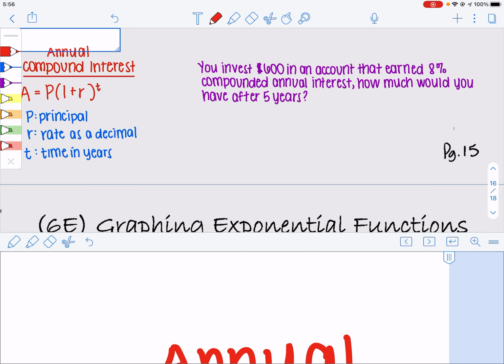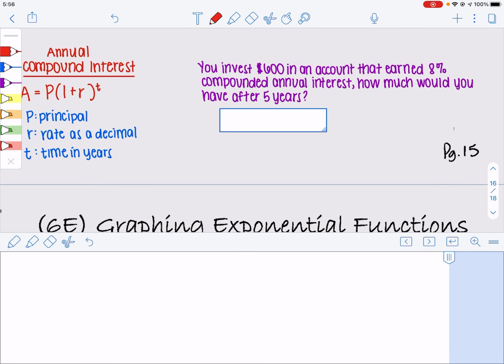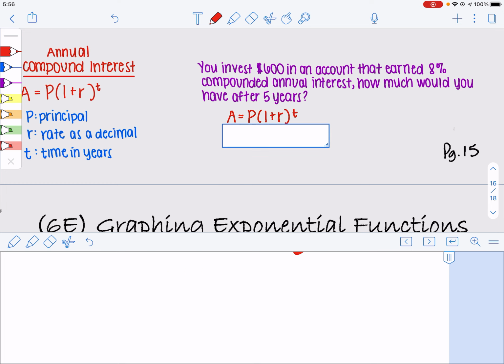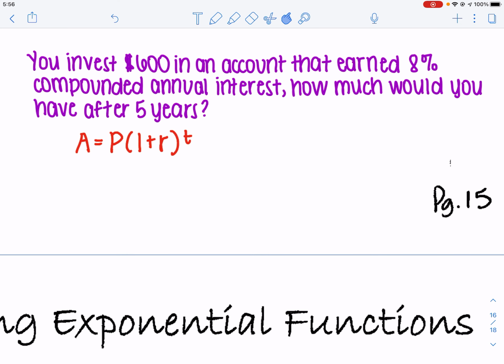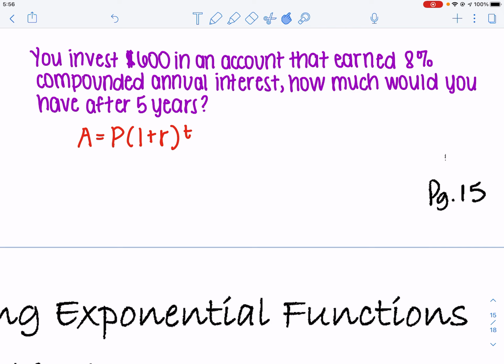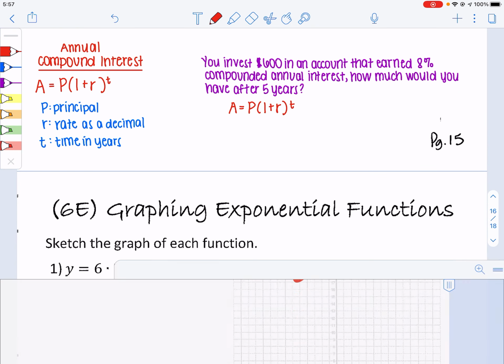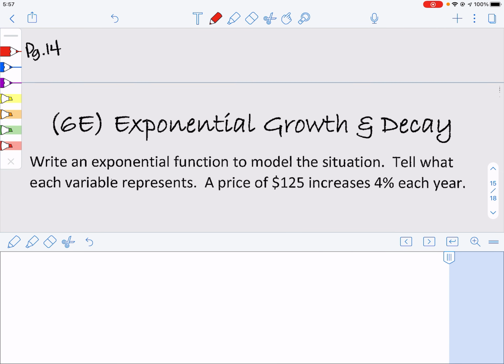So let's start with our equation we're using here. So the amount of money you're going to have after however much time it's telling you is the principal, which is how much you put into the account, times the quantity 1 plus the rate, all to the t, all to however long you have your money in that account for.